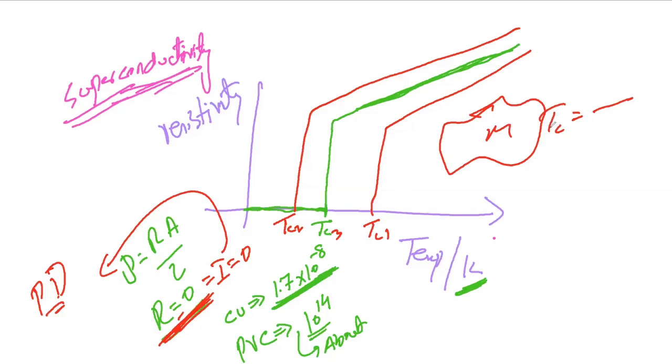The application is that we use this superconductive material in high power electromagnets that generate a very strong magnetic field in devices such as MRI. If you go to the hospital, there is an MRI machine.